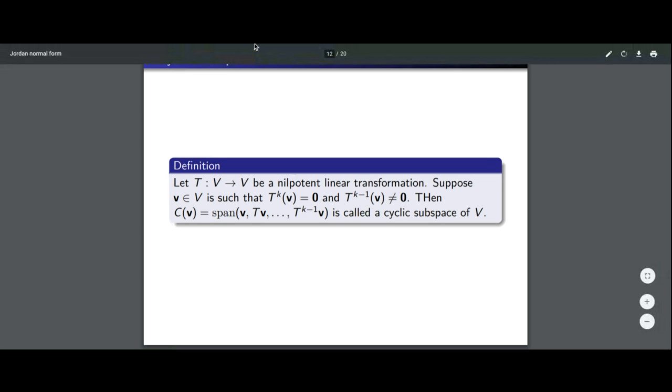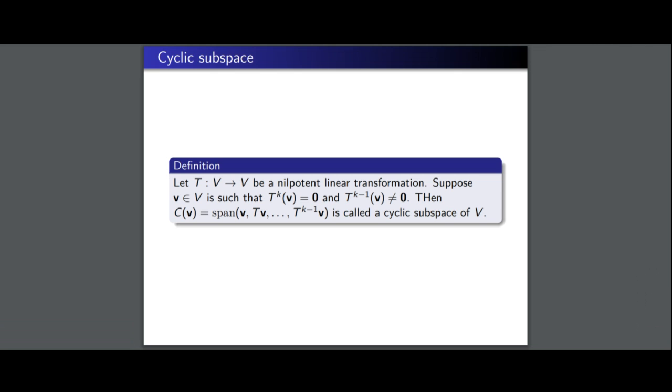And I just want to tell you a little reason why we should call it a cyclic subspace. Suppose T to the k of v equals 0 and T to the k minus 1 of v is not equal to 0. Let w be in C of v, which is the span of v, Tv, T squared v, up to T to the k minus 1 v.